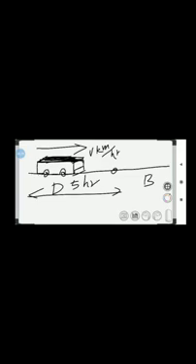For example, if it is going at 1 kilometer per hour, just imagine 1 kilometer in 1 hour. So within that 1 hour it will cover 1 kilometer. 2 kilometer per hour means within that 1 hour 2 kilometer can be covered.